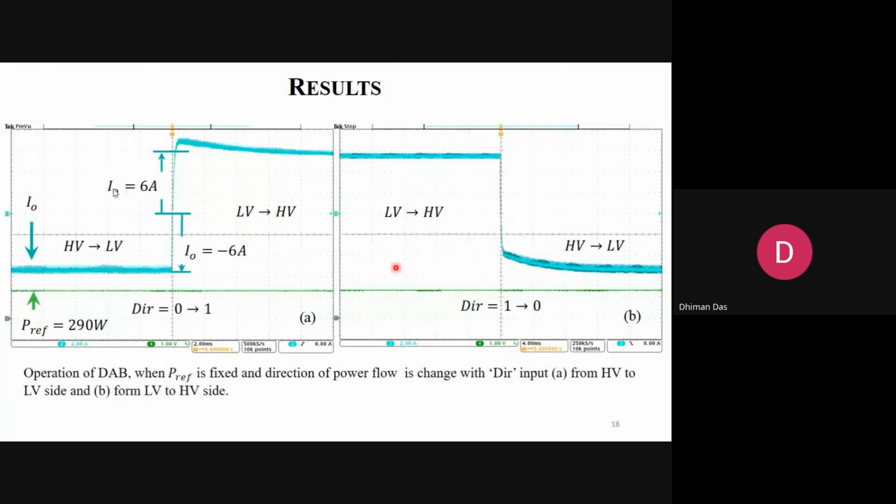Now this is the zero level. When I change the direction, it transfers current from minus 6 amps to 6 amps. And when I make the directional input 1 to 0 again, the opposite side current is flowing.